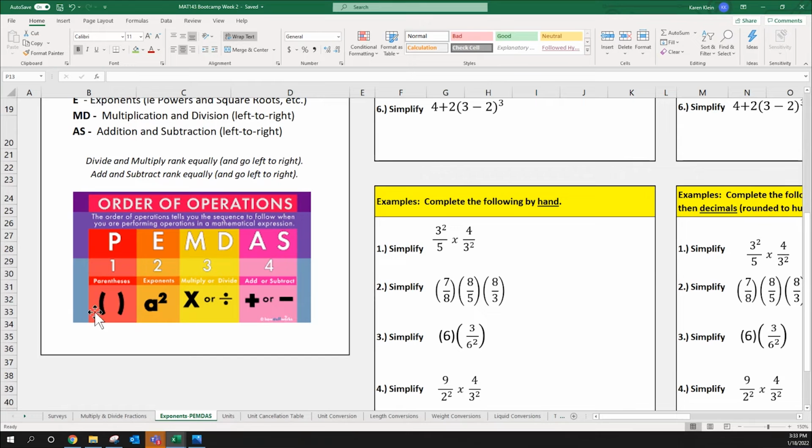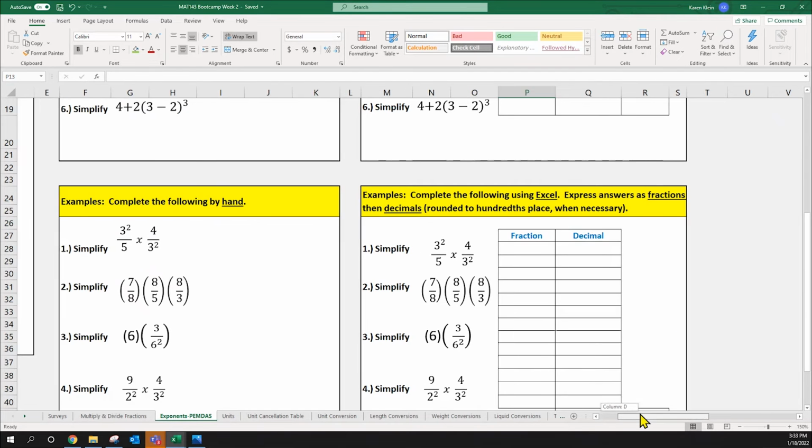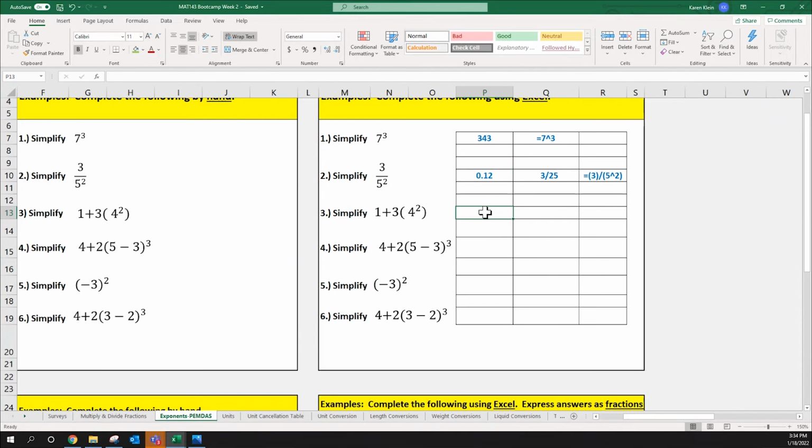So parentheses, exponents, multiplication, division, addition, or subtraction. For the problem over here, if we're using Excel, we don't have to worry about that. We just have to make sure that we enter it in the way that it's given. We're going to say equals because it's a mathematical operation. So we have to say 1 plus.